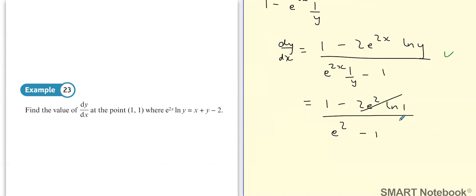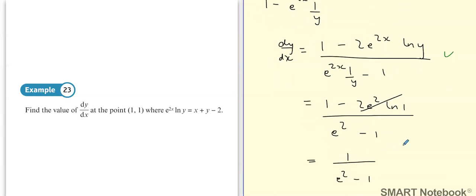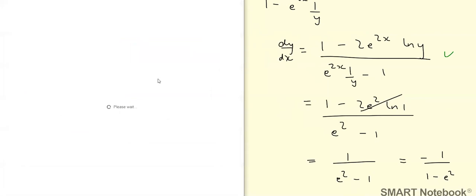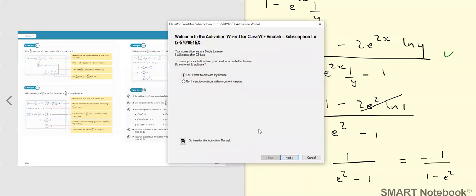So in fact, this term cancels out, and we are left with 1 over e squared minus 1 as one answer. Or we could equally have got minus 1 over 1 minus e squared. Either answer is fine. That's the exact answer, and that's what they have here. So check that by typing that in the calculator. We can check this, and I can prove to you that both are the same thing.